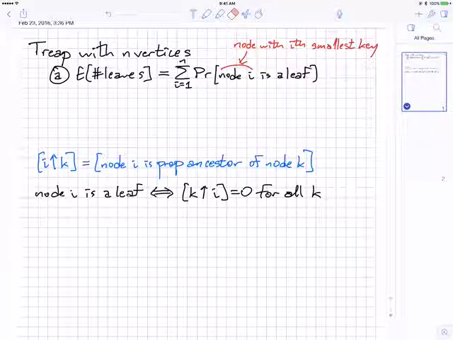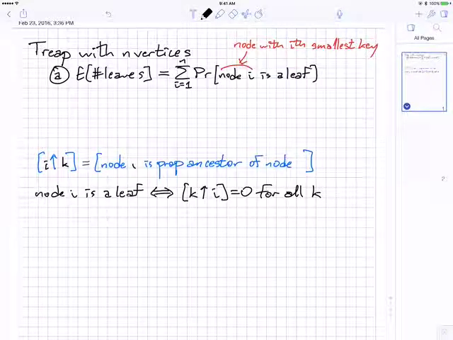So I'm glad I was doing this in pencil. I is the proper ancestor of k. Oh, you're right. So undo. I had it right before. Good.